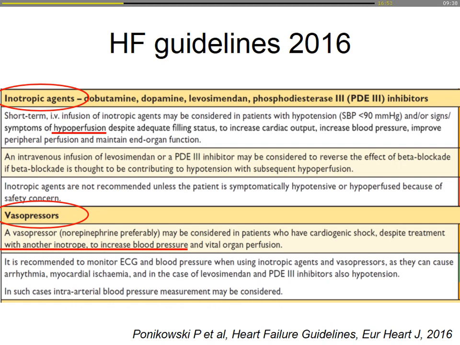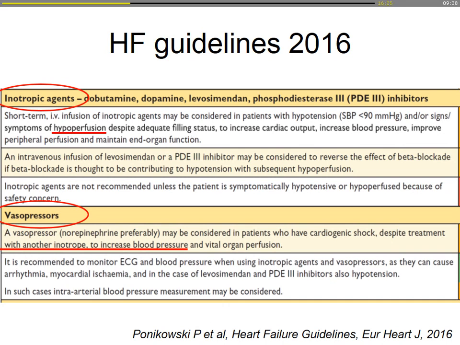Then I came back to the ESC guidelines published last year. We can give inotropes: dobutamine, dopamine, levosimendan, phosphodiesterase inhibitors, and I will come later to vasopressors. And again, we clearly said in the guidelines, inotropes should be given only when there are clear signs of hypoperfusion despite adequate filling status.